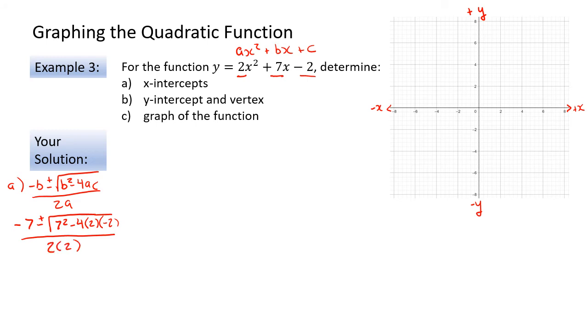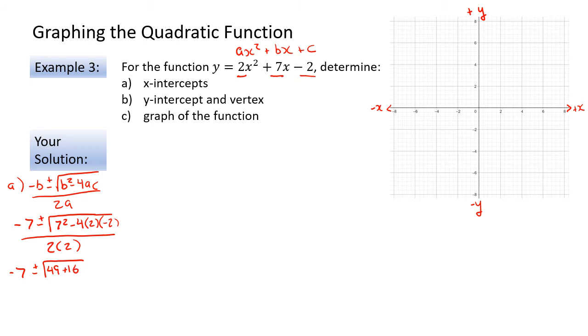So we can now take this step by step, first by simplifying each of these and then solving to find the roots. If we do that, what we end up with is negative 7 plus or minus the square root of 7 squared is 49. And the remaining terms, negative 4 times 2 is negative 8, times negative 2 is positive 16.